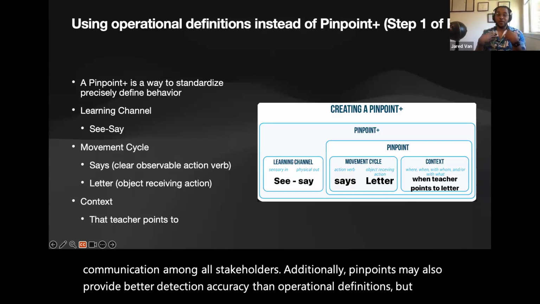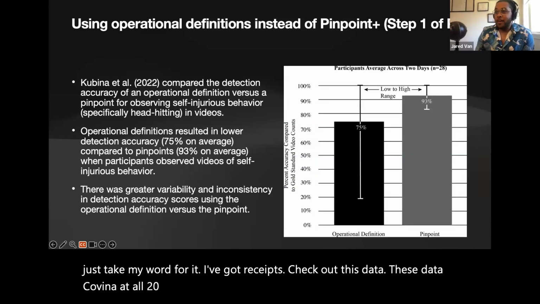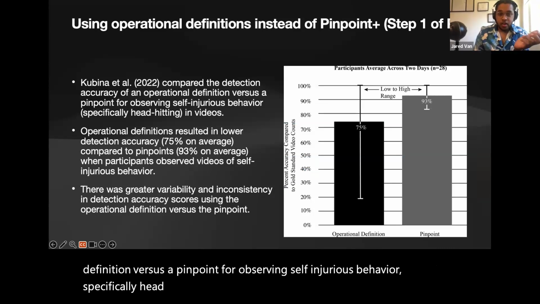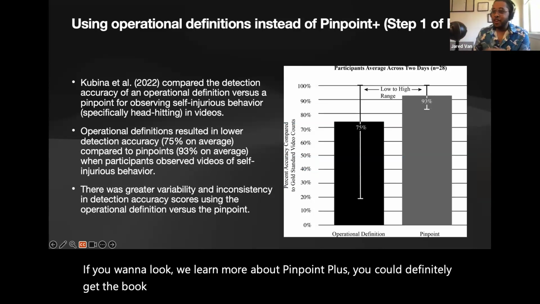But don't just take my word for it. I've got receipts. Check out these data. Cabina et al. 2022 compared the detection accuracy of an operational definition versus a pinpoint for observing self-injurious behavior, specifically head hitting in videos. If you want to learn more about Pinpoint Plus, you could definitely get the book or look at some of my videos.